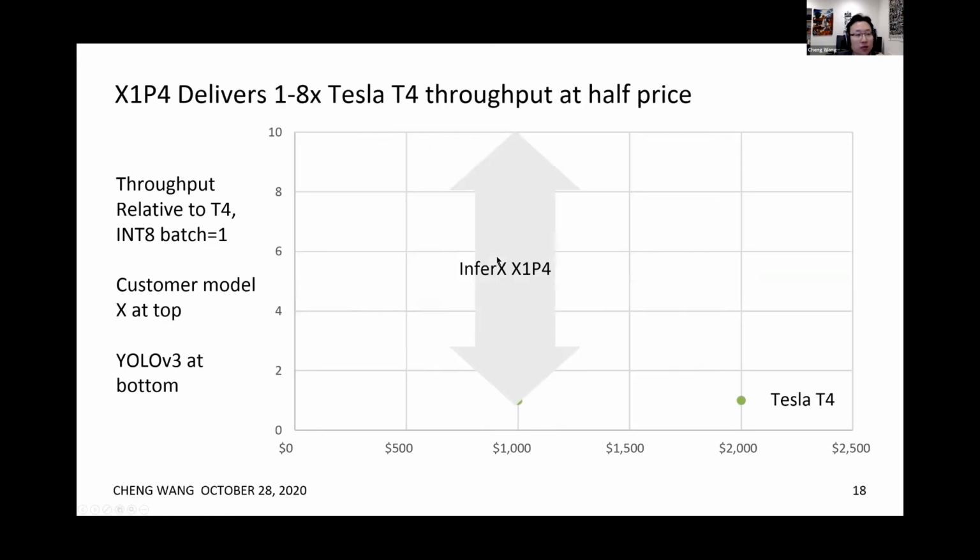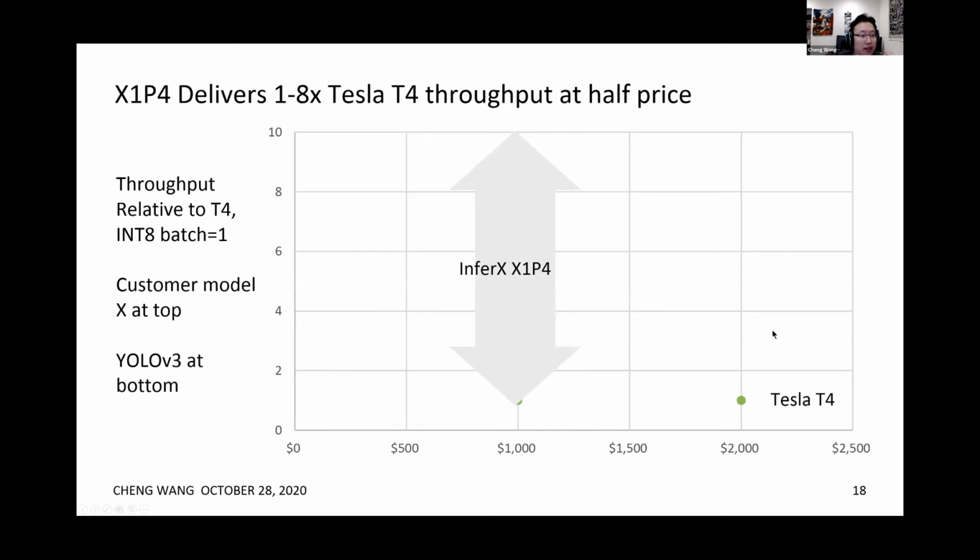For the X1P4, it has a little bit more performance than the T4 on YOLO v3, at about 1/2 of the price. For other models, we go up to 8 to 10x of their throughput.